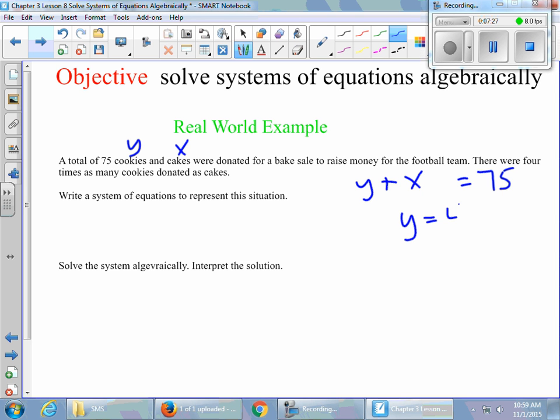Cookies equals 4 times cakes. There we go. So 4 times the cakes equals as many cookies were donated. There's our 2 equations. Now we're going to solve them algebraically and just find out our solutions.